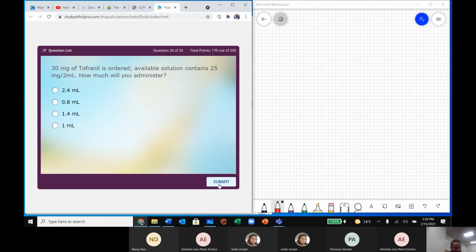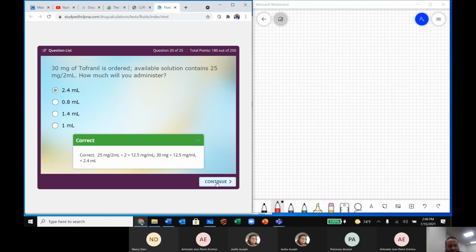How much will you administer? 2.4? Good job. Yes.